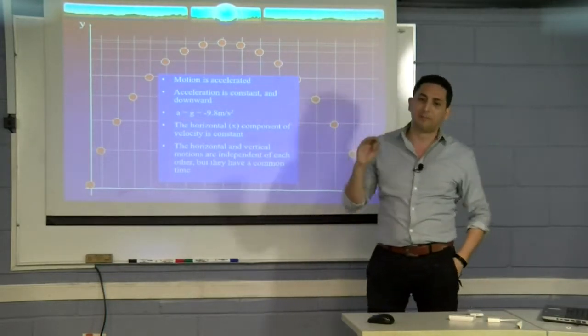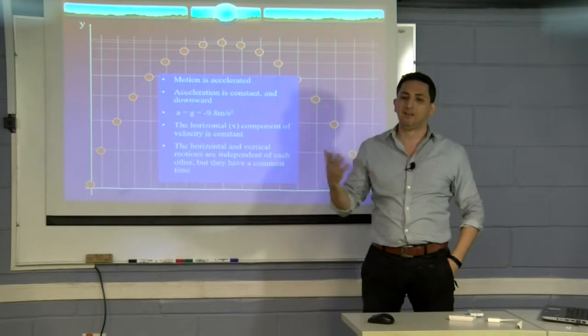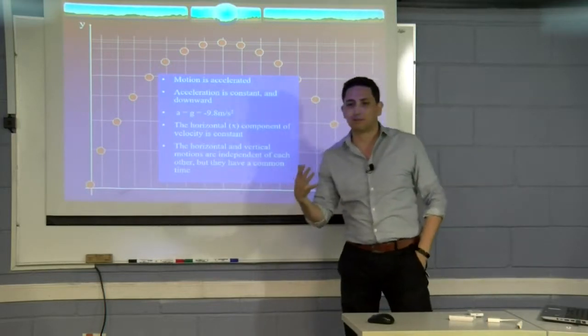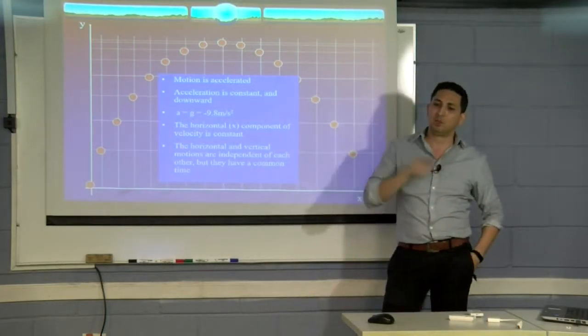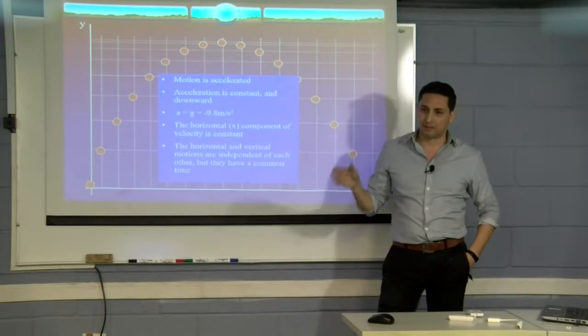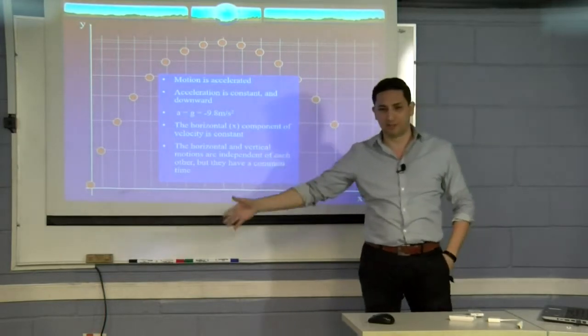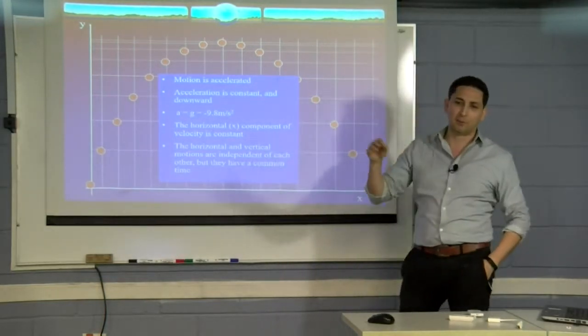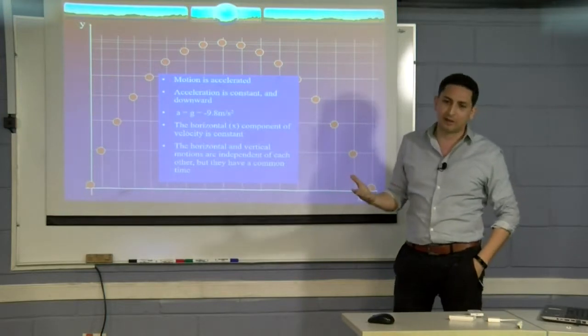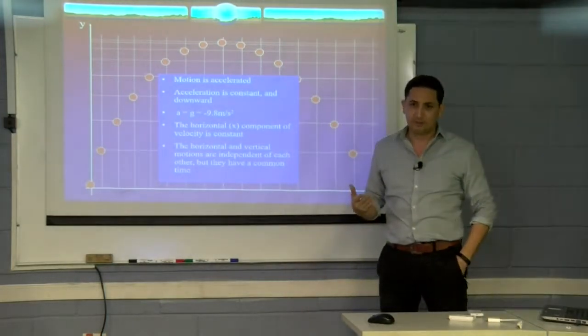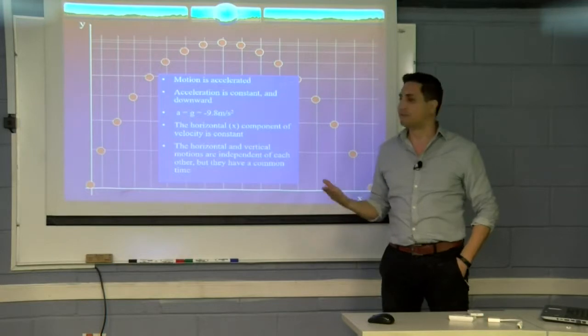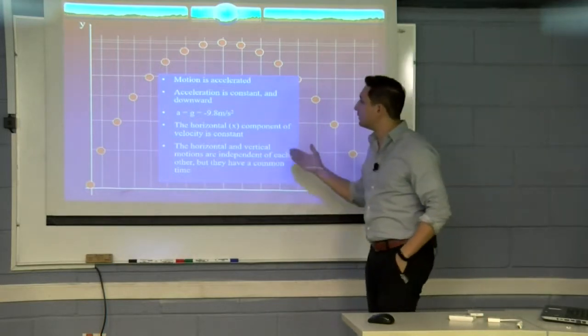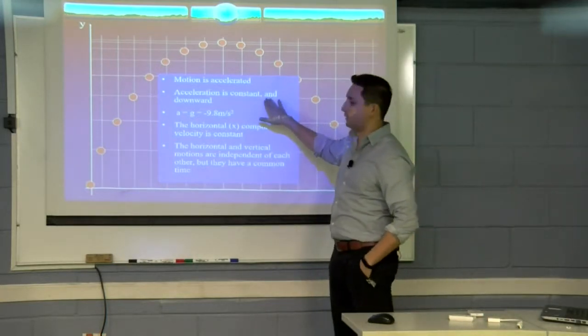One of them is that the motion is accelerated. And when I say accelerated, it is, as I told you in class, due to gravity. The acceleration due to gravity is minus 9.8 meters per square second, as I told you in class. The acceleration is constant, okay, and downward.